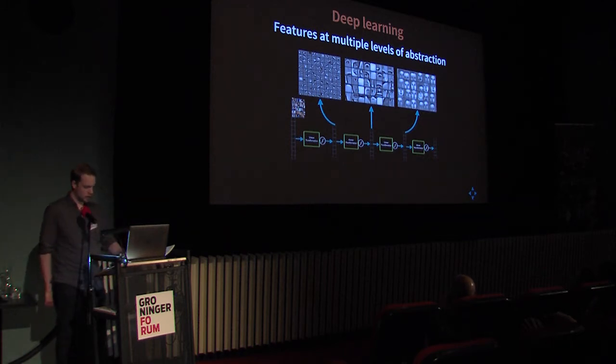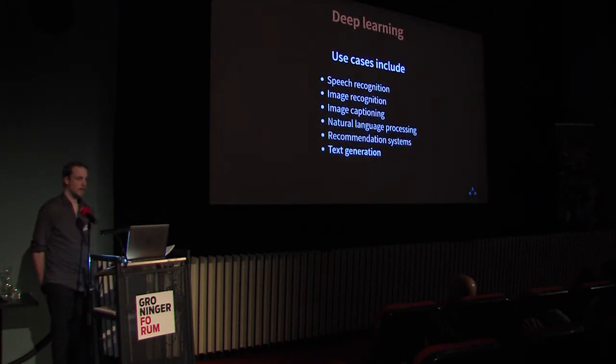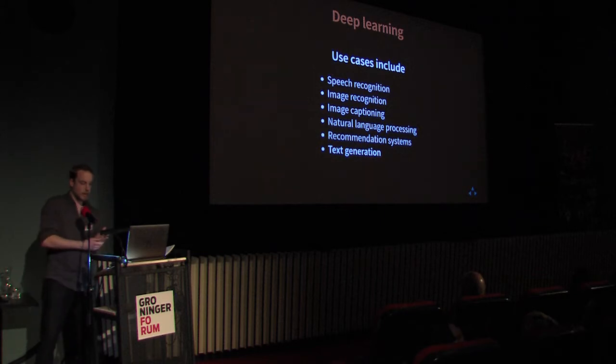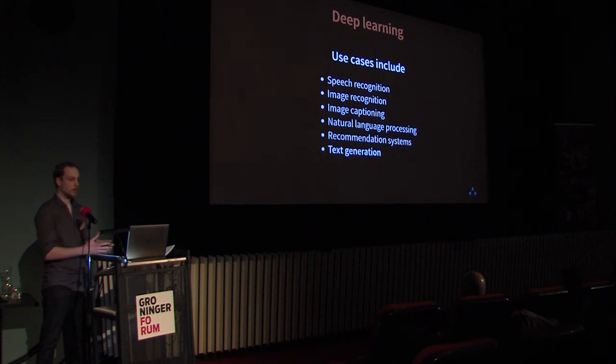So let's look at a few use cases, because facial recognition is by far not the only thing you can do with deep neural networks. Other use cases include speech recognition, image recognition, like we just saw, image captioning, where the neural network is supposed to describe with text what's going on in an image, natural language processing, like translation or sentiment analysis, and recommendation systems, for example, on a web shop where you're trying to recommend the products to a customer that the customer is most likely to buy.